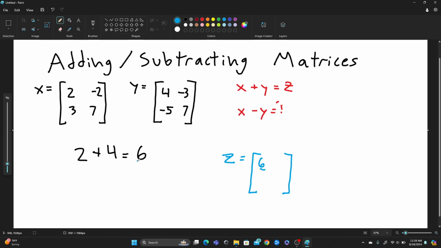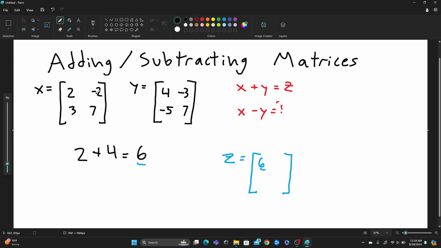Because when we add element 1,1 of X and element 1,1 of Y, we get 6. And then we're going to transfer this over to the element 1,1 of Z, or the top left corner of Z, if that's easier to remember. It's simpler.